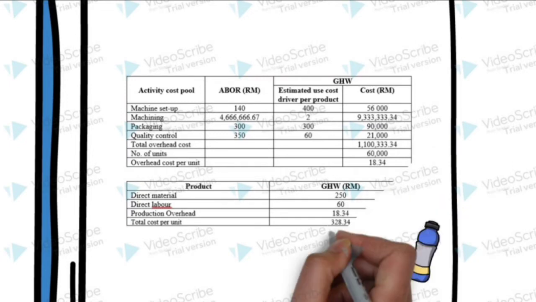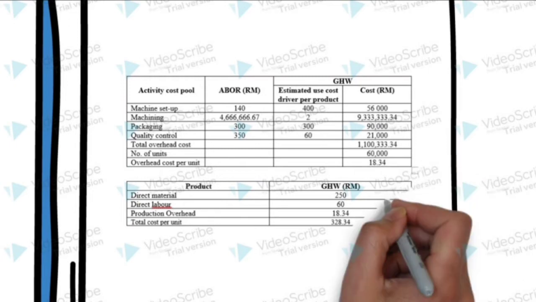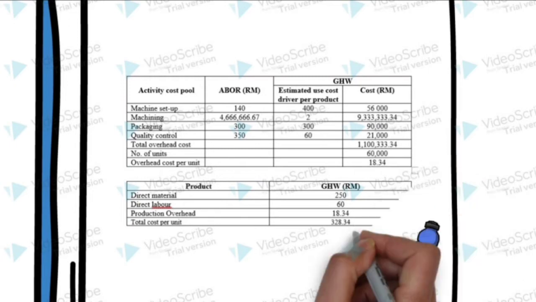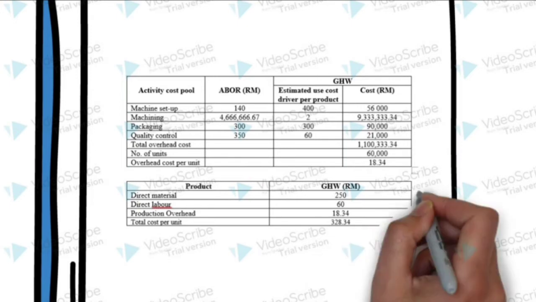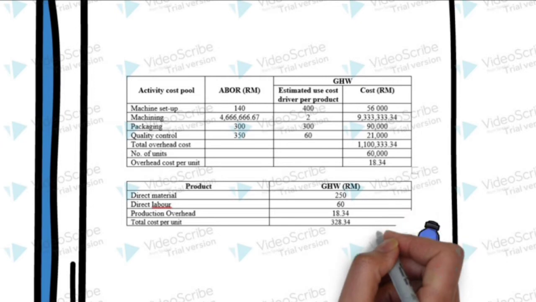Next is packaging. 300 ringgit multiplied by 300 estimated driver use per product equals 90,000 ringgit. Lastly, the activity cost pool for quality control, which is 350 ringgit multiplied by 60, will get 21,000 ringgit.